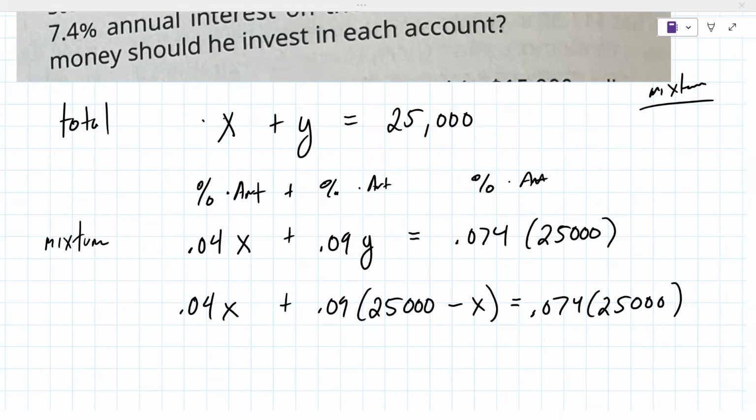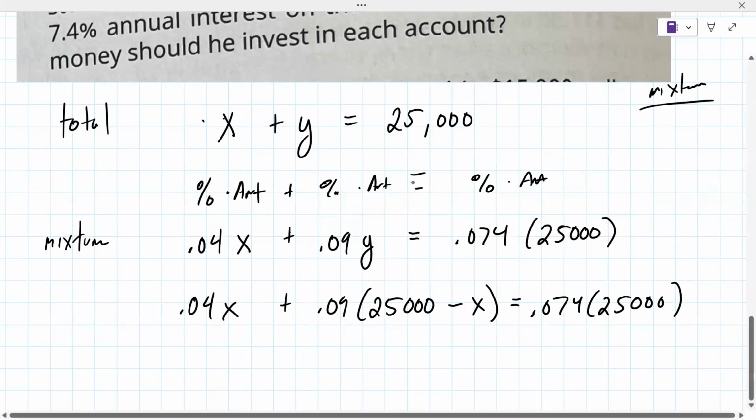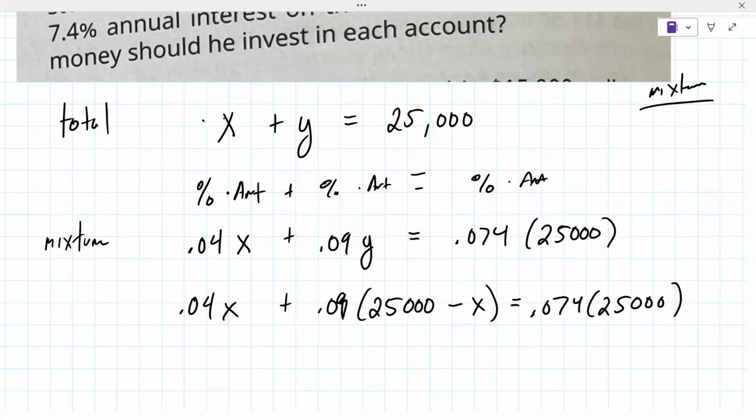Is that okay? Is that reasonable? It really isn't more complicated than this. Percentage times amount equals percentage times amount, or quantity, if you prefer quantity. So from here, we just have to be really careful multiplying in.